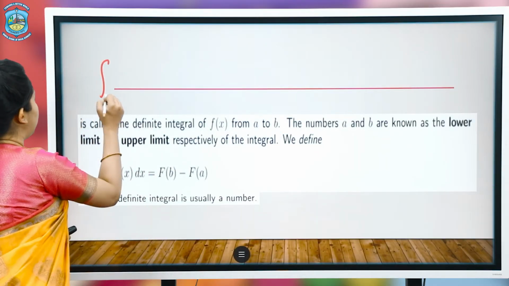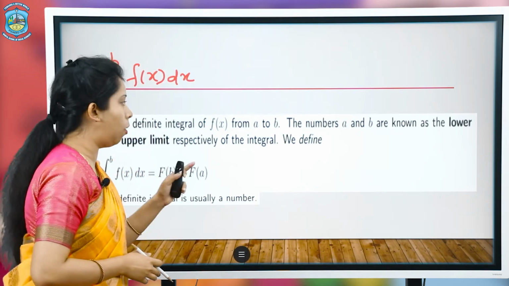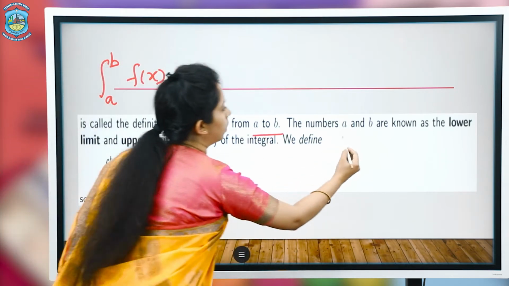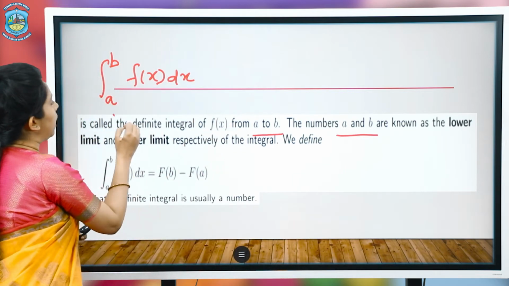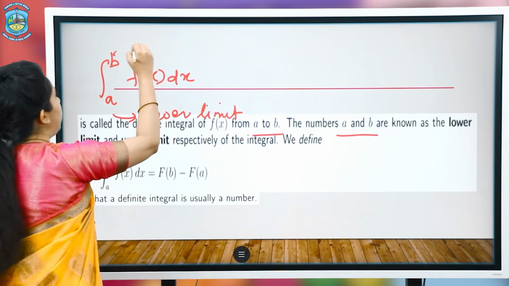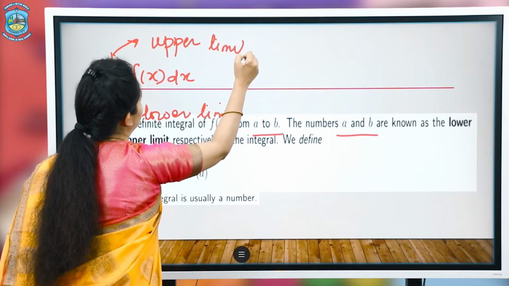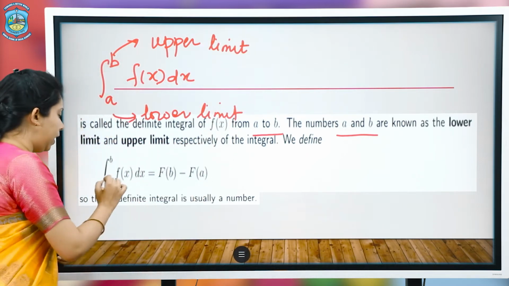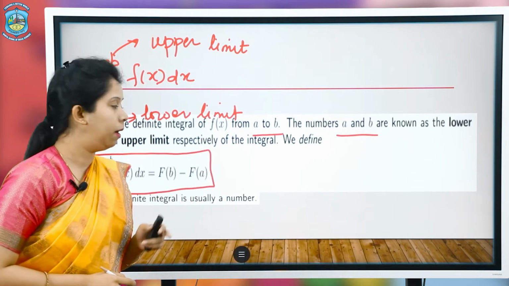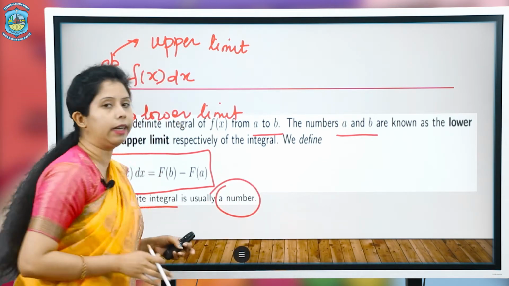Here, the integral a to b f of x dx is called the definite integral of f of x from a to b, where a and b are numbers. a is the lower limit of the integral and b is called the upper limit of the integral. We define integral a to b f of x dx is equal to capital F of b minus capital F of a, so that the definite integral is usually a number.